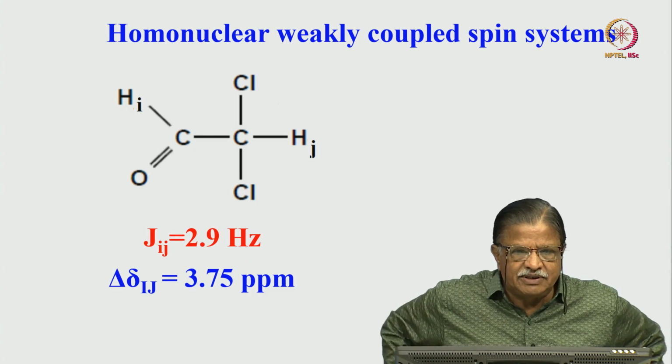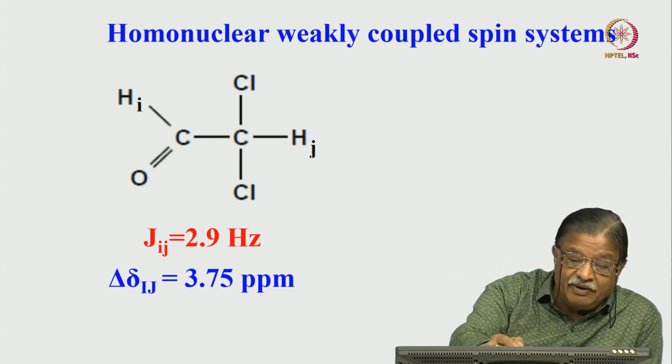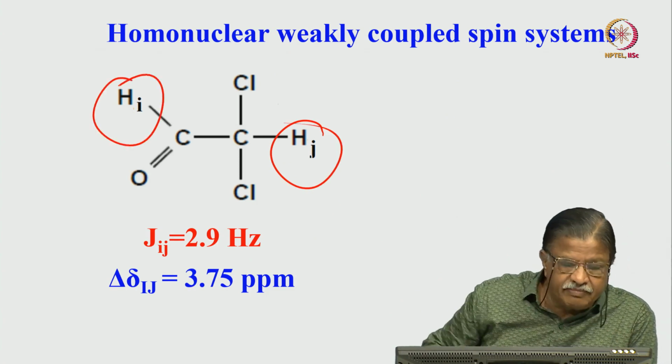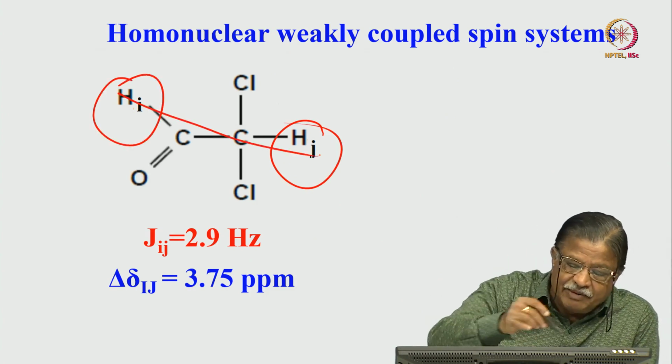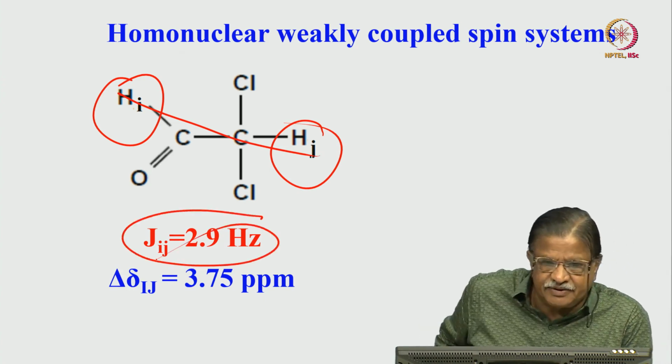Homonuclear weakly coupled spins, I will give you an example like this. This is a simple molecule, we have two protons I and J. What is the J coupling between them? It has already been measured, around 2.9 hertz.